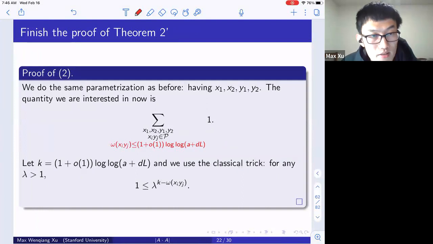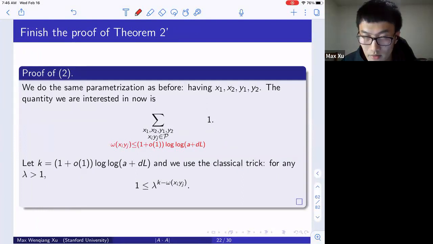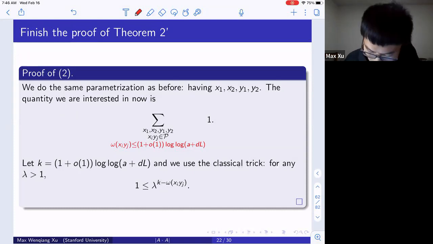And we use a very classical trick, probably familiar to most of the audience from an analytic number theory background. We just upper bound 1 by lambda to the power K minus omega. Because lambda is bigger than 1 and K minus omega is, let's say, non-negative, the right-hand side is always at least 1. But why do we do this?